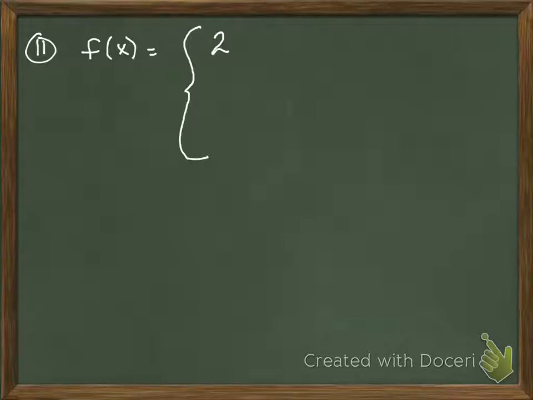Okay, I'm going to have 2x minus 1 when x is less than 1. Okay, I'm going to say that it is 5 when x is equal to 1.